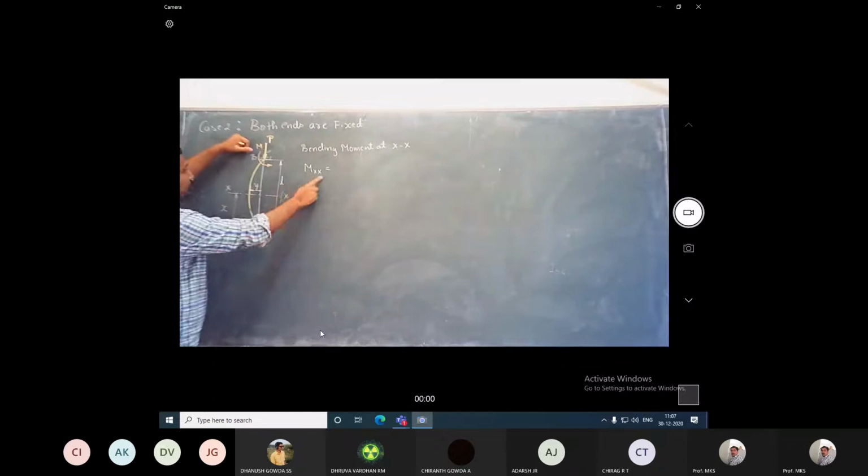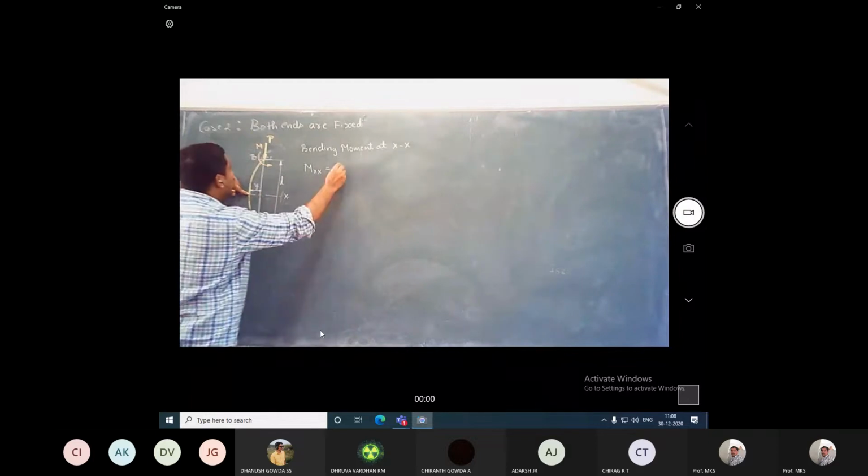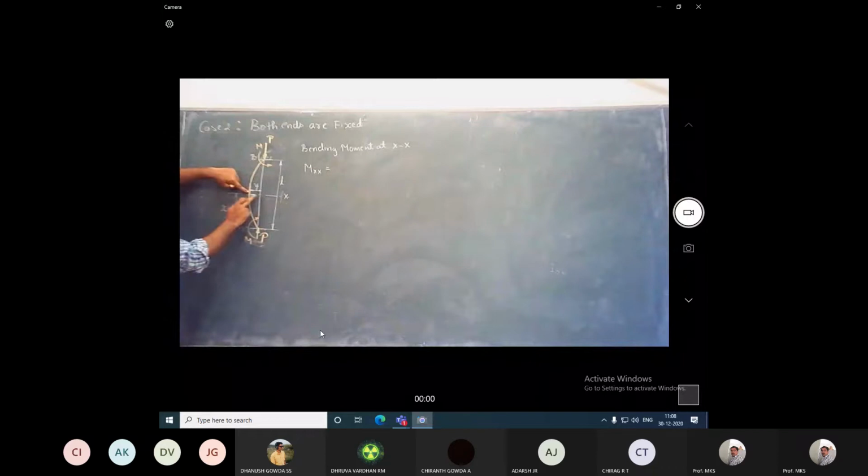Now the moment is force into distance, the force is P, and the distance at this point is y. So what all the moment that is acting at this section you need to consider. The beam is bending in this manner, as similar to last, giving concavity at this end with respect to the initial straight beam.